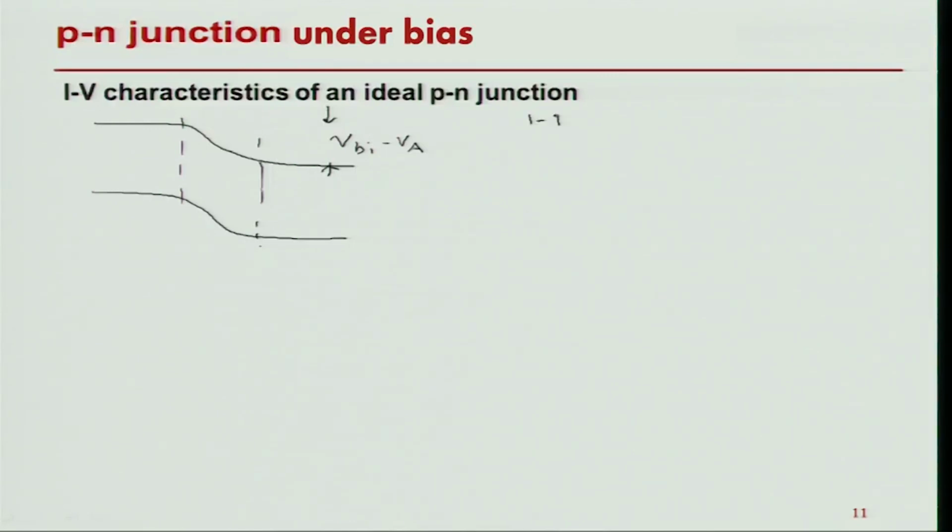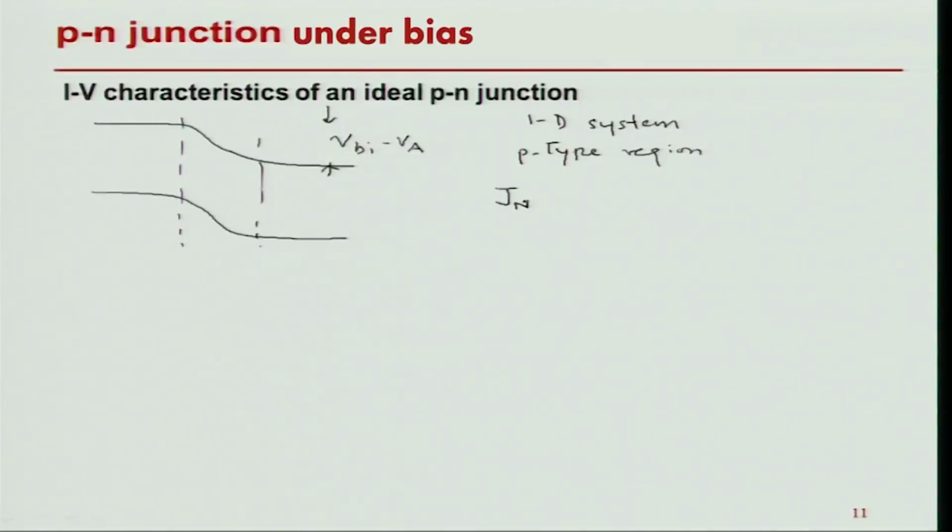And as earlier I am going to assume a one dimensional system, and in this one dimensional system let us first look at the P type region. What would be the current equation in the P type region? And let us look at the equation for the electron.